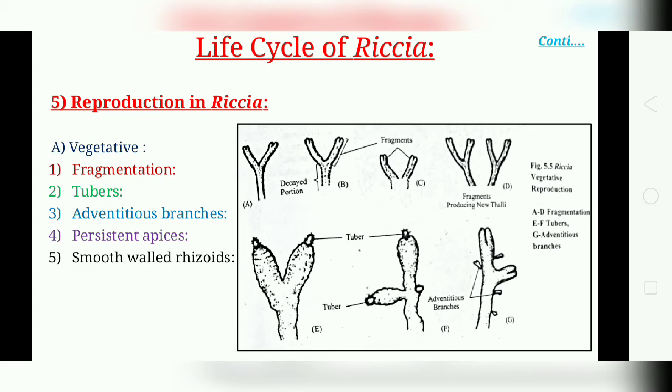Then the next type of vegetative reproduction is smooth-walled rhizomes. The terminal ends of the rhizomes form new thalli as a result of multiplication. This type is found in Riccia glauca. So these are the vegetative reproductions in Riccia.